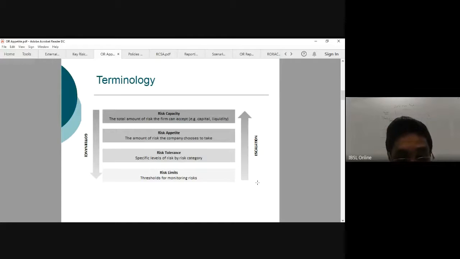That is our intention. If you don't take that risk, we will not be in a position to get a return. But unlike those situations, in operational risk we are not going to take operational risk to get a return. Get my point? We will not get any return from operational risk.